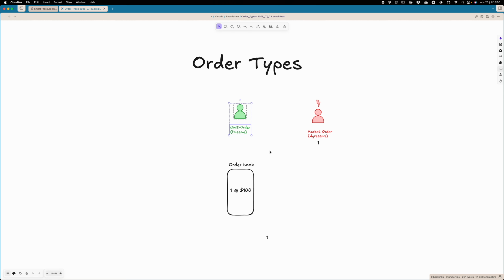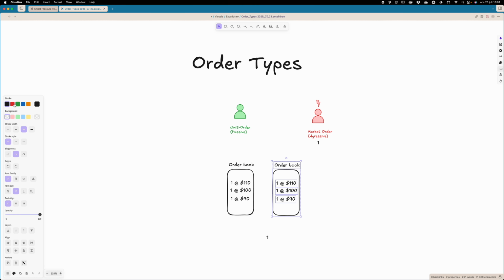These guys don't move price at all. We could have many different prices. So we have here at 110, and here we have 90. And we could have sellers for this as well. So let's make this a sell side order book.